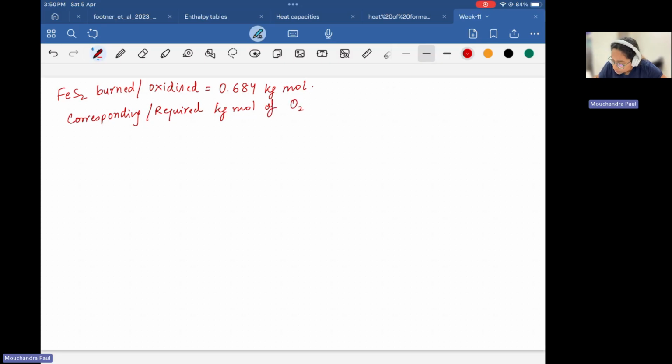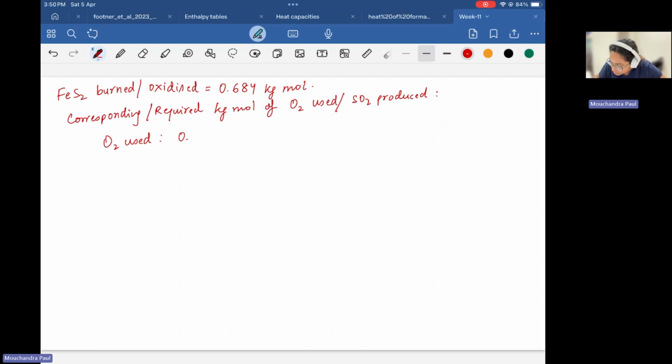O2 is used and SO2 is produced. I have to calculate that. So for O2 used, you have to use the stoichiometry here.